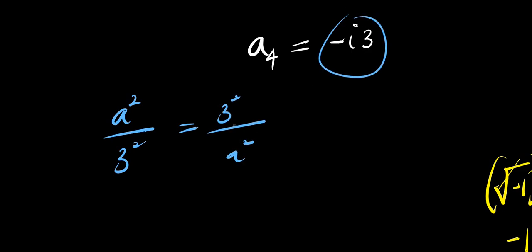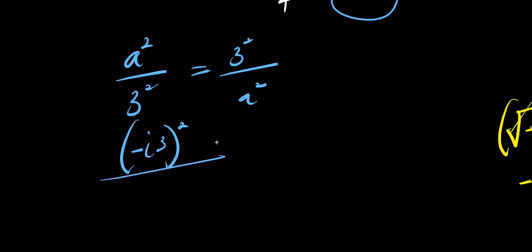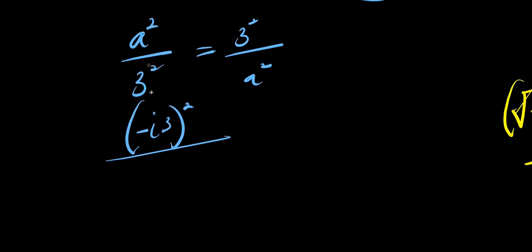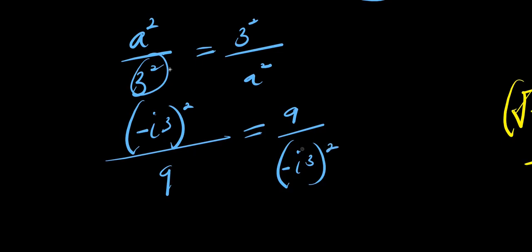We substitute this for A. We have negative I times 3 raised to the power of 2 divided by the 3 power 2 here, that is 9, equals 9 divided by negative I times 3 raised to the power of 2. Like what we did earlier on, we distribute this to each of the terms there.